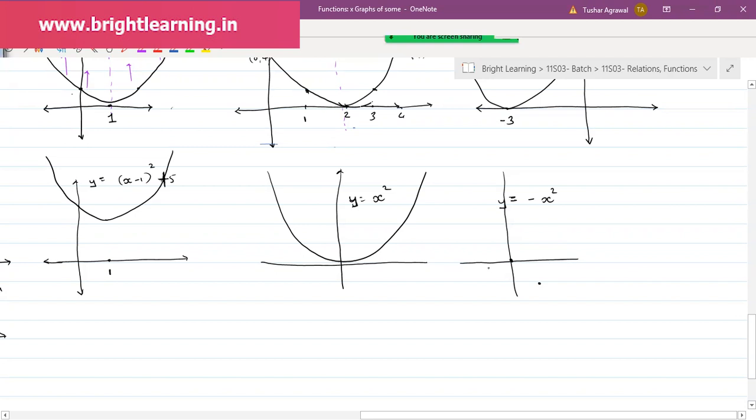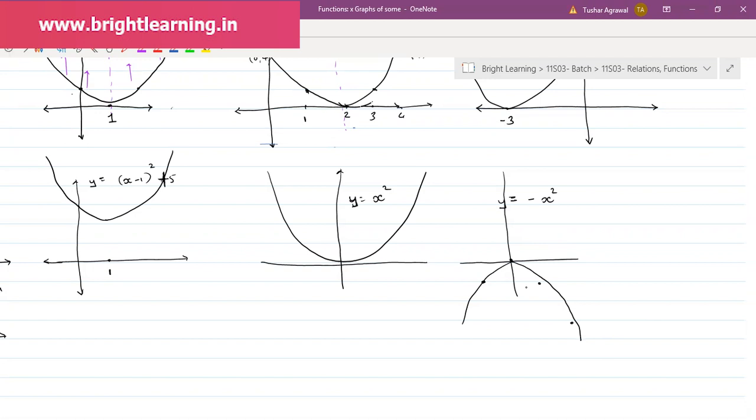For x equal to minus 1, also minus 1. For x equal to 2, initially 4, now it is minus 4. For 3 it was 9, now it is minus 9, minus 16. So the same graph, but now inverted, exactly the same shape. Take a water reflection. You have just taken a water reflection of that graph, or let's say a reflection about the x-axis. Is that clear?